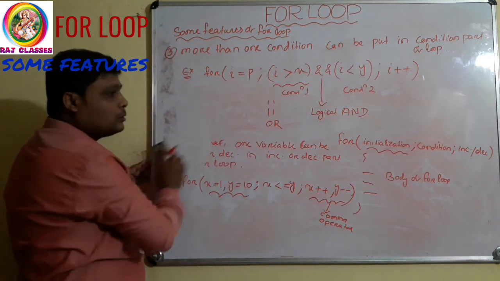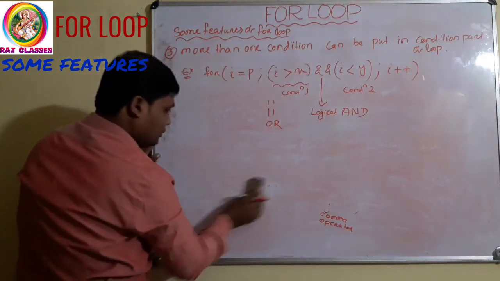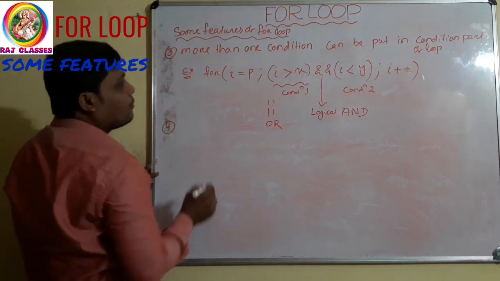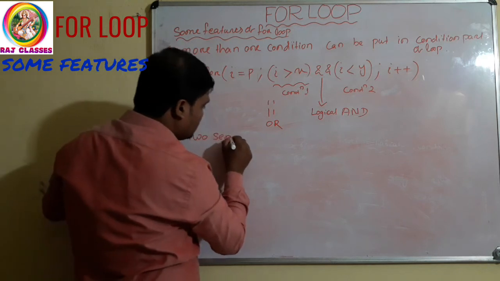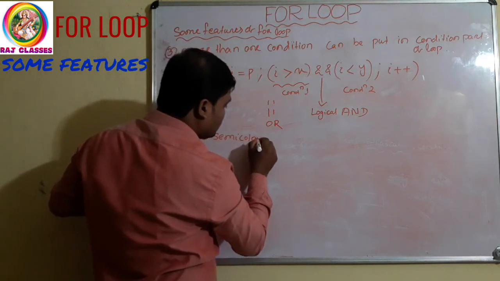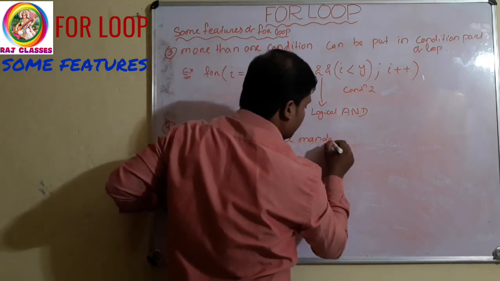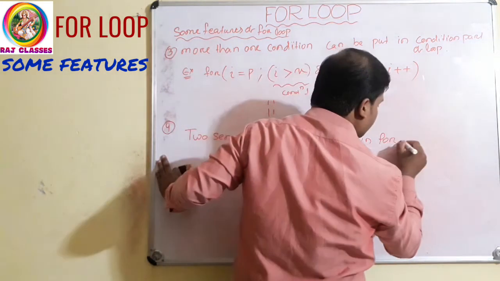Now come to fourth point. Just see. Fourth point is two semicolons are mandatory in for loop.